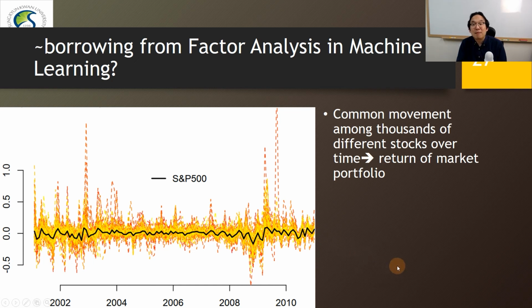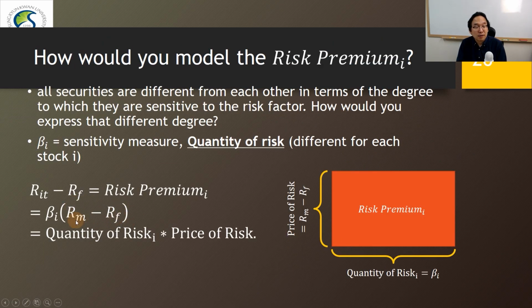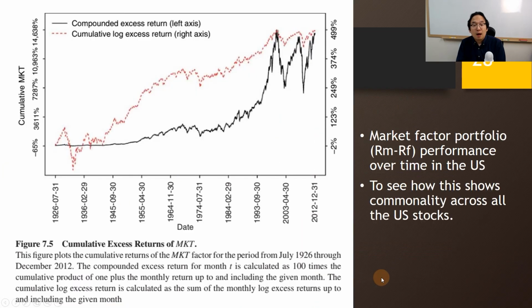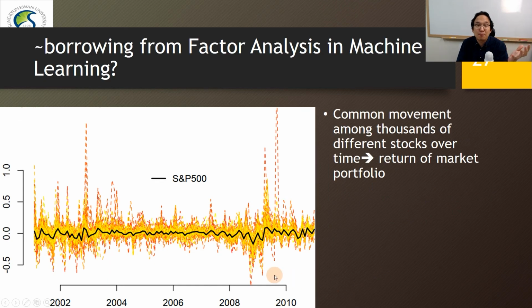And then RM minus RF, you just subtract the risk-free return. That RM minus RF will be the real commonality in terms of premium. So market risk premium, that's the idea. Now, having said that, with commonality we can construct a portfolio like the market portfolio over here.